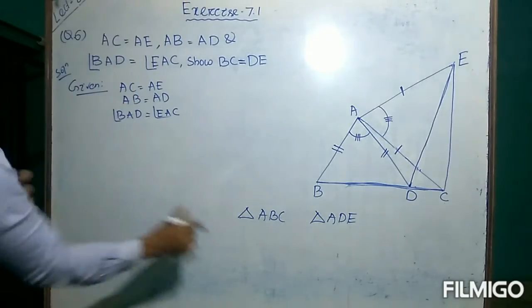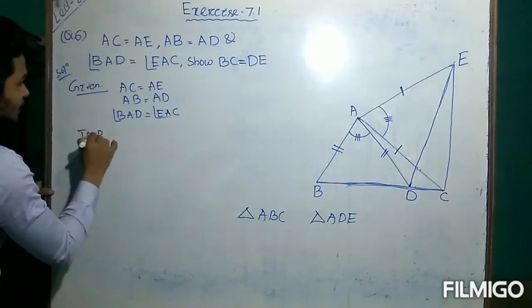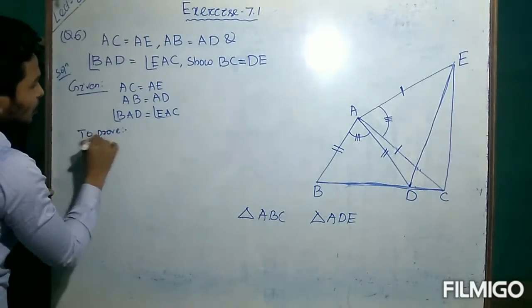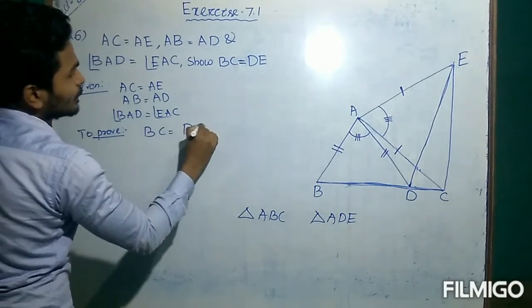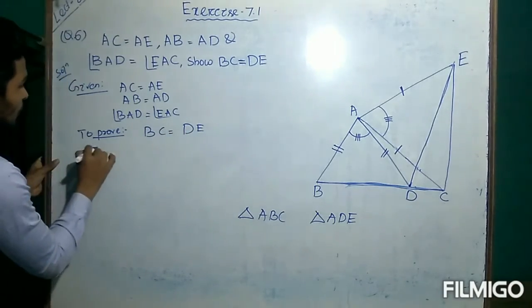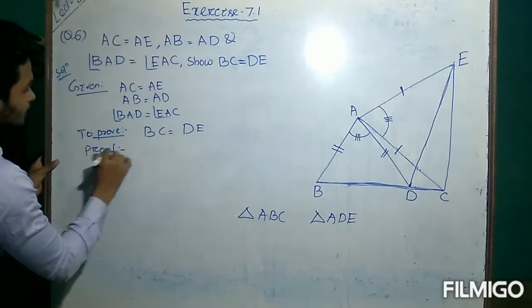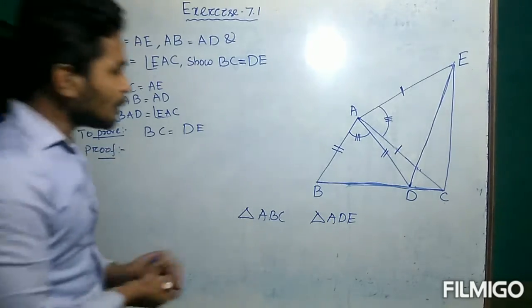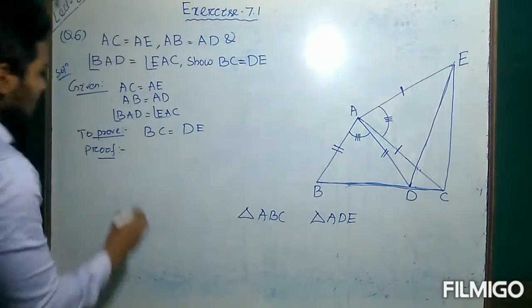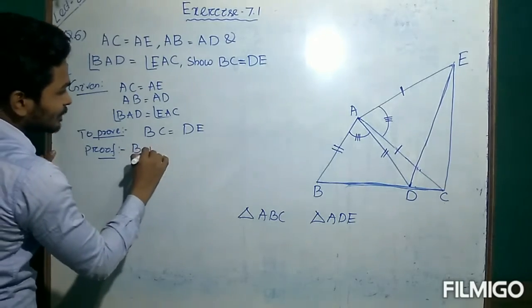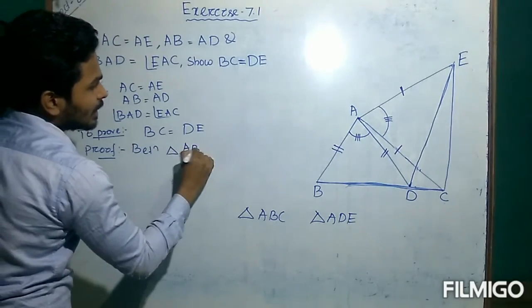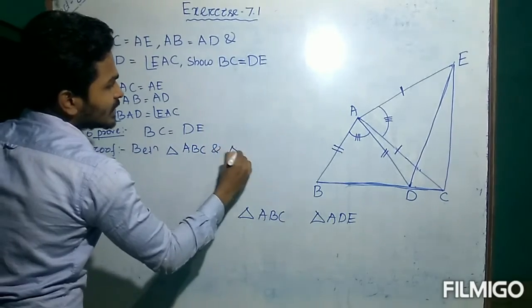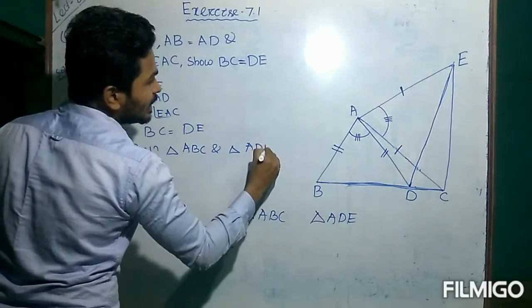Now to prove, we have to prove that BC is equal to DE. Proof. Let us compare these two triangles. So between triangle ABC and triangle ADE.